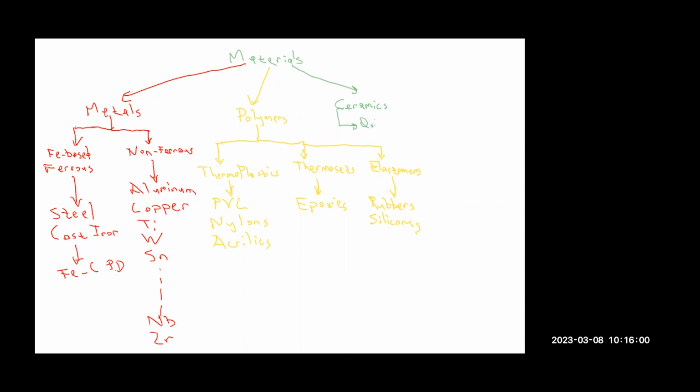Great, glasses. Right, oxides, nitrides. Perfect, glass. Graphite. Or very, very pure elements like diamonds.